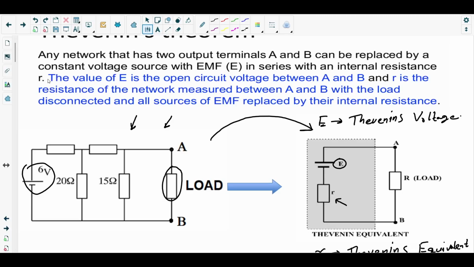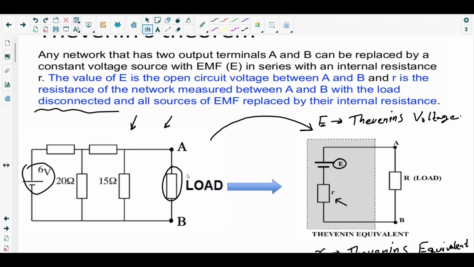The next part says the value of E is the open circuit voltage between A and B, and R is the resistance of the network measured between A and B with the load disconnected and all sources of EMF replaced by their internal resistance.